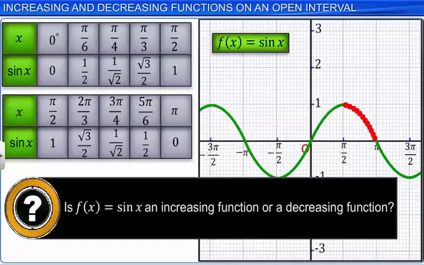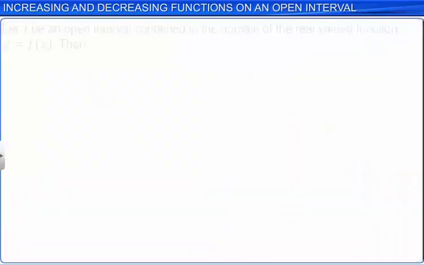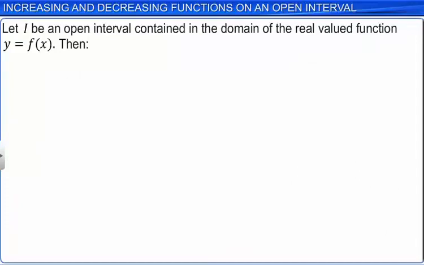Let's see the analytical definition of an increasing or decreasing function on an interval to answer this question. Let I be an open interval contained in the domain of the real valued function y = f(x).